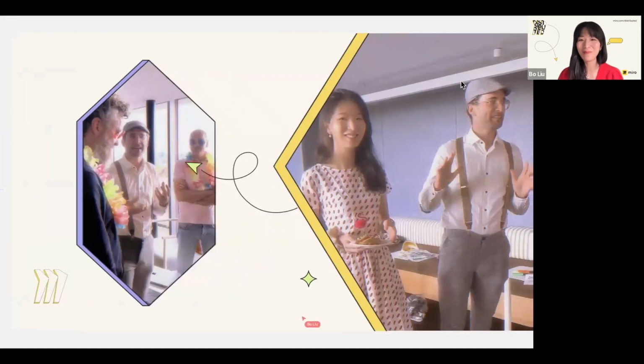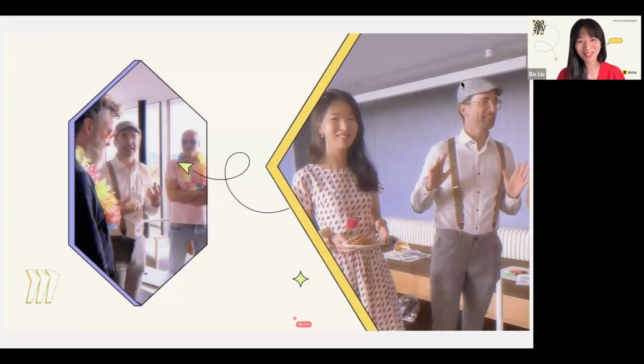To attract them to sign up for the research, we were all wearing retro costumes and joined the Miro Connect event. It's like a Friday happy hour session for us to hang out with a glass of beer and snacks, and also know what other teams are working on. If you want to sign up, you can come to our little stand, and our retro costumes attracted a lot of people to come and sign up for the research session.